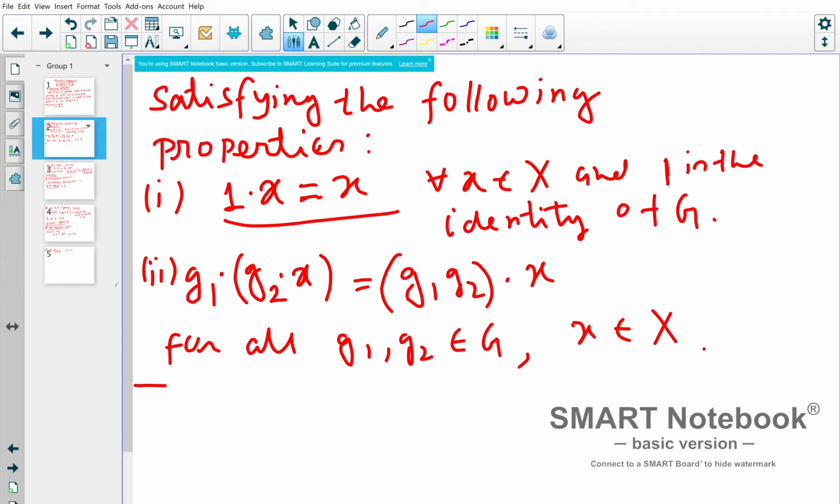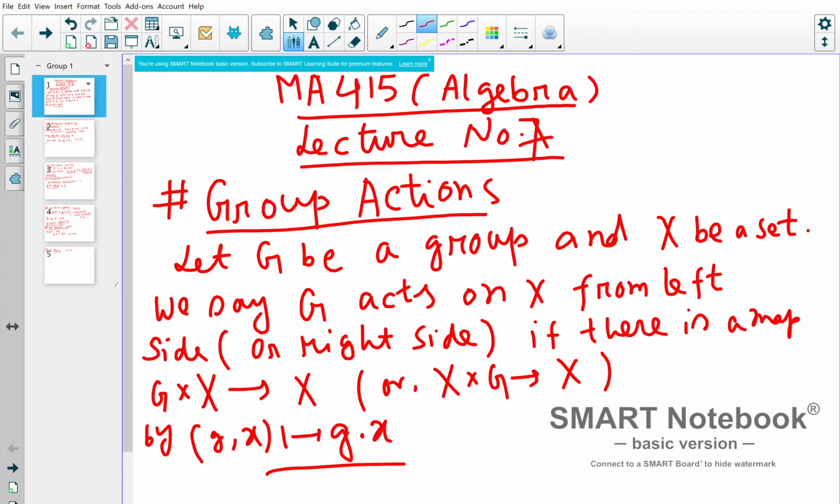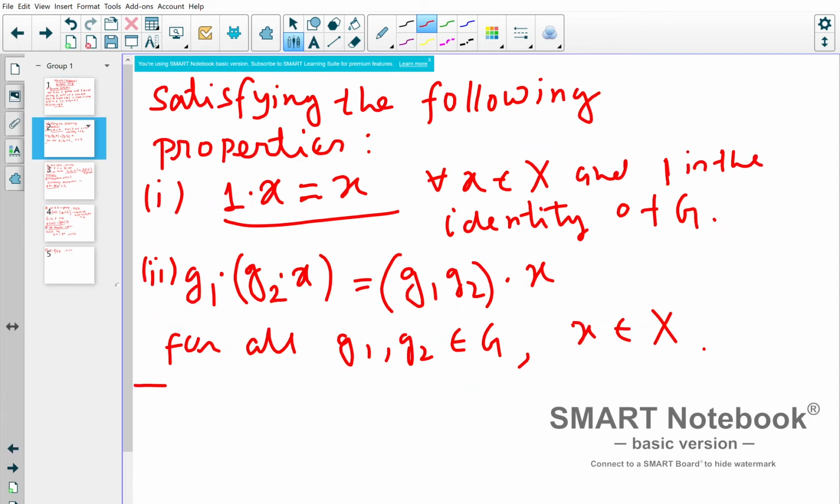So if this map satisfies these two properties, then we say that G is acting on X from the left side. From the right side you can do it the other way exactly, for right actions.